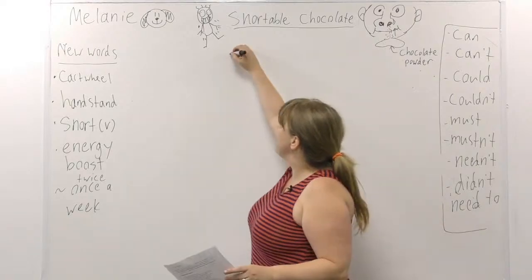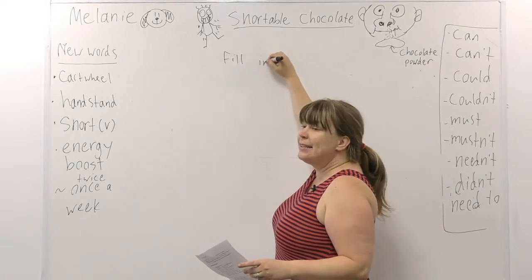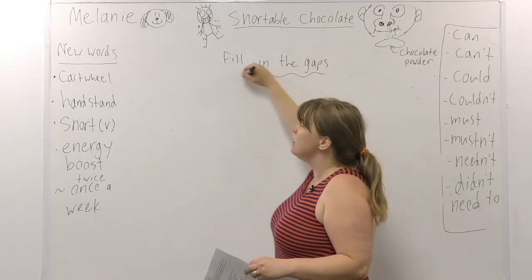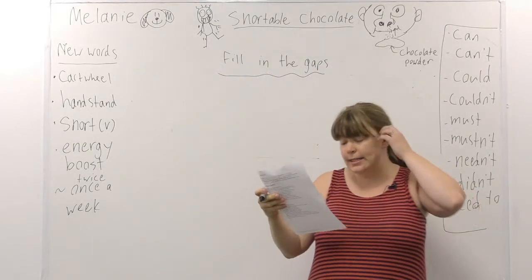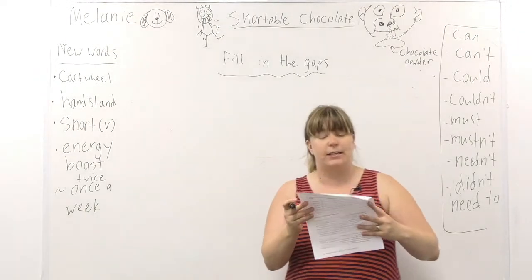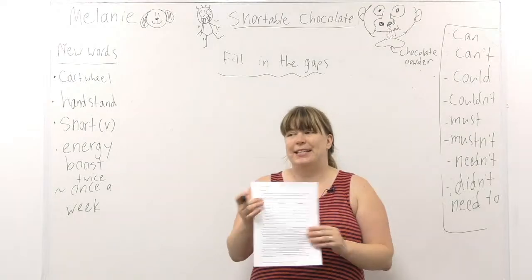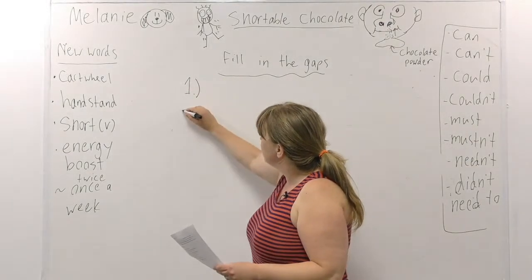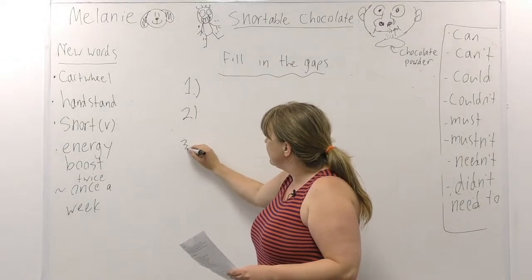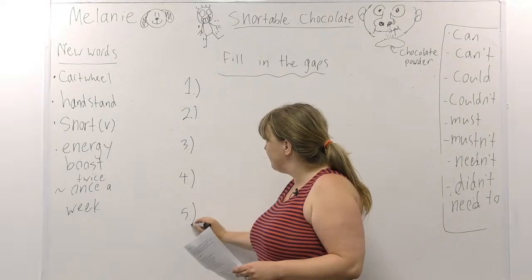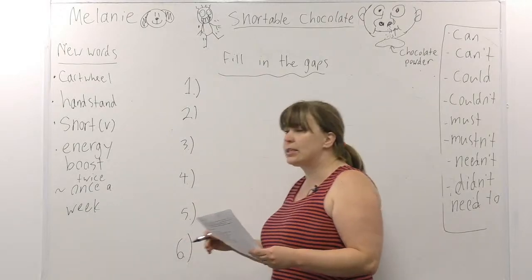So for listening, we are going to fill in the gaps. We have 15 gaps to fill in, so we've got quite a bit. We've got number 1, number 2, number 3, number 4, number 5, and number 6.